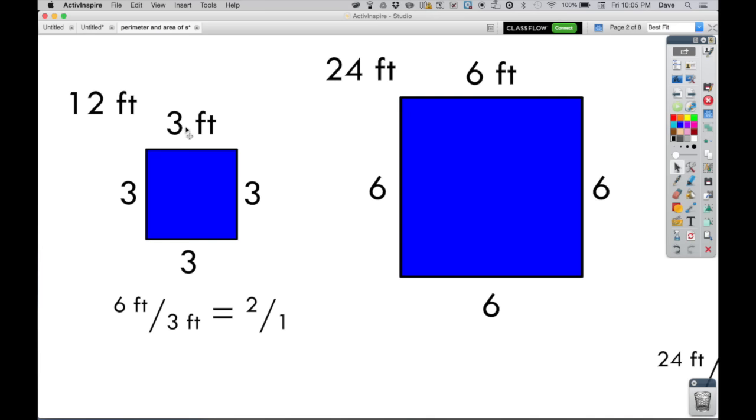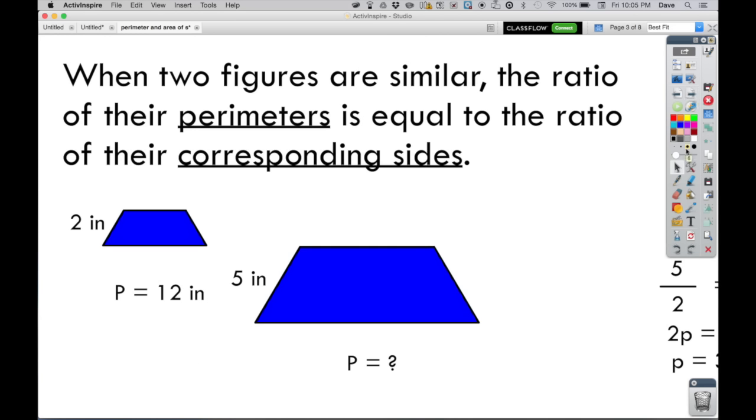And it turned out that if we took these numbers, the perimeters, 24 and 12, and put them into a similar ratio, and then reduced it, the ratio of corresponding sides was the exact same ratio of perimeters. And so we get this: when two figures are similar, the ratio of their perimeters is equal to the ratio of their corresponding sides.